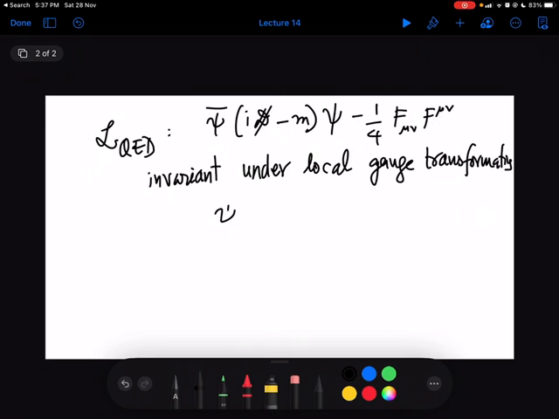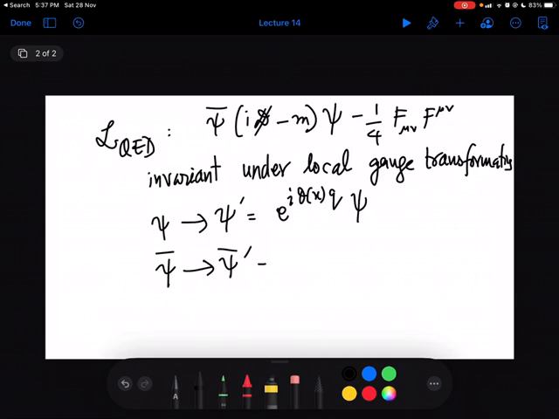So psi goes to psi prime is equal to e power i theta of x q psi, exactly the same way, and psi bar goes to psi bar prime is equal to e power minus i theta of x q psi bar.